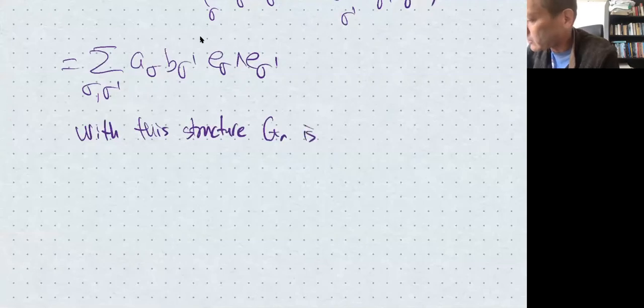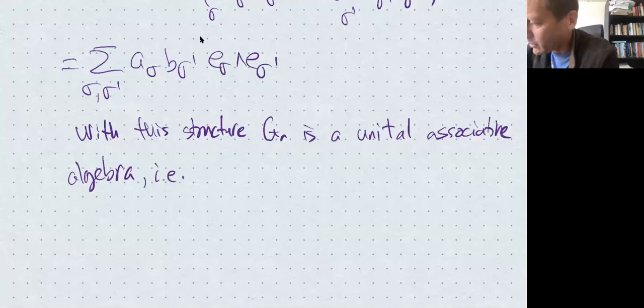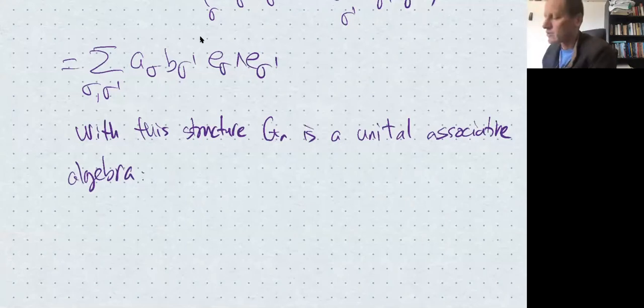Gn is what's called a unital associative algebra. So what is a unital associative algebra?